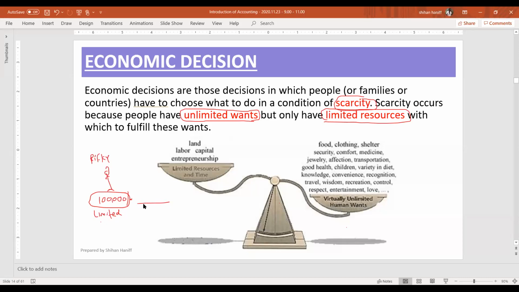What can he do? Can someone tell me? If you have 100,000 rupees, what are the things that you can do with this 100,000 rupees? Assume that I will give this 100,000 to anyone who tells. Speak up. What can you do?